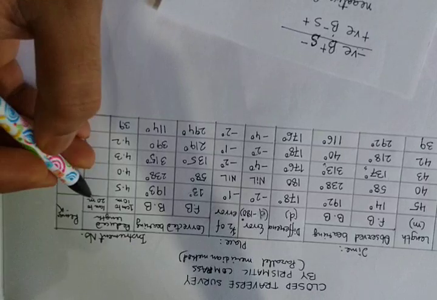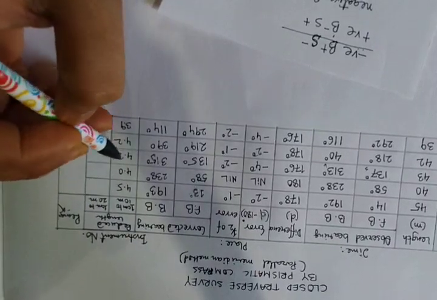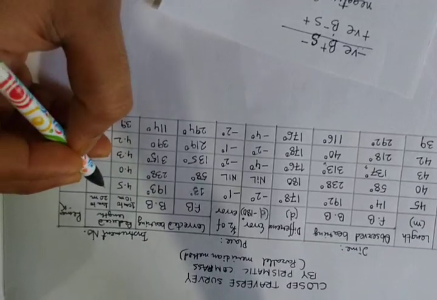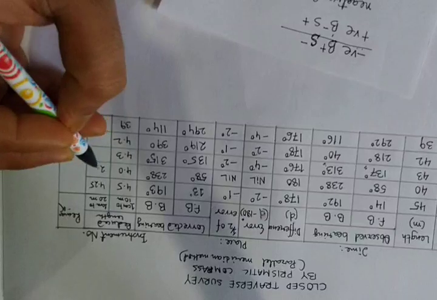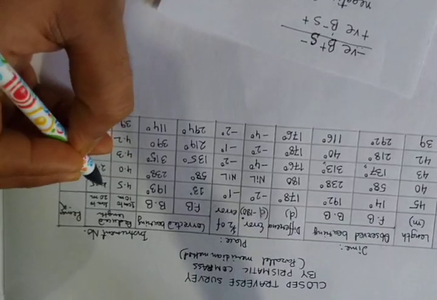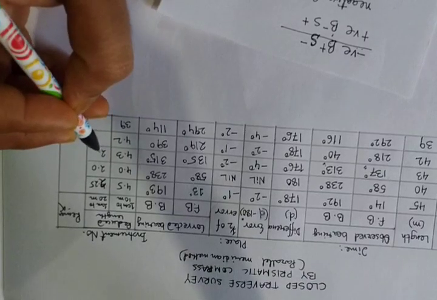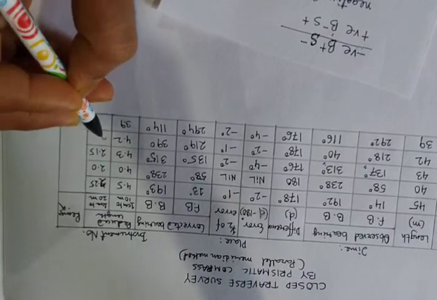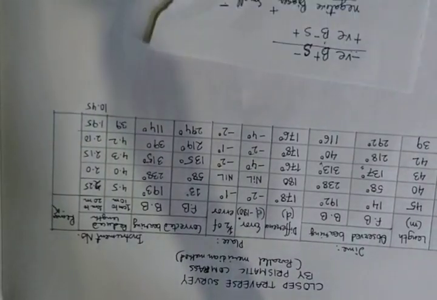As the scale is doubled, all these values will be halved. So it will be 4.25, then 2.25, next is 2.15, then 2.10 and 3.19.